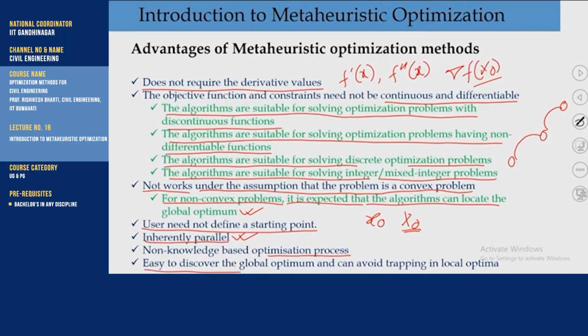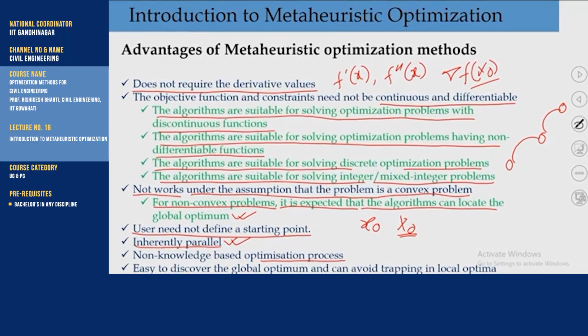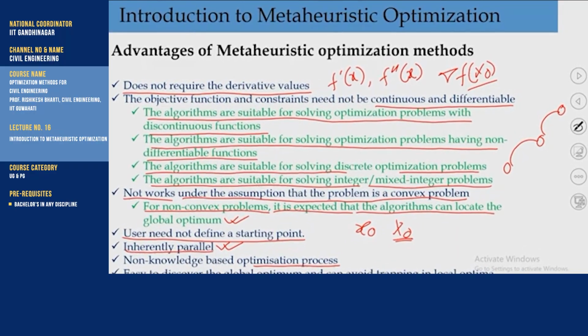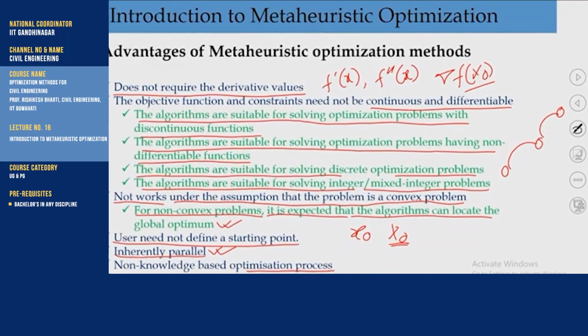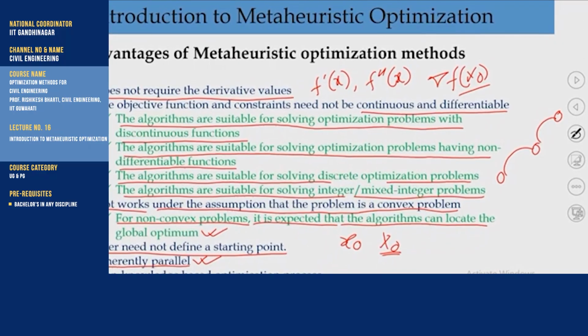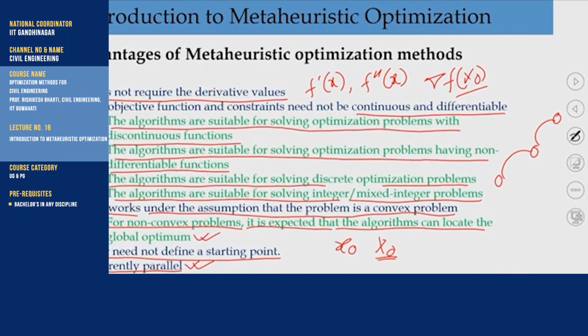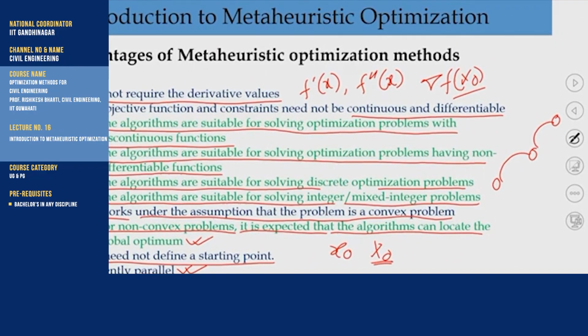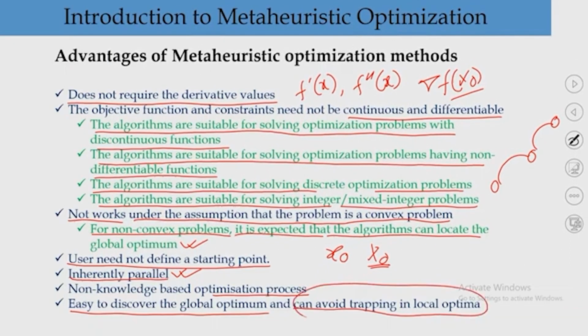It is easy to discover the global optimum. As I said, it is expected that the algorithm will give you the global optimal solution of the problem, and can avoid trapping in local optima. Suppose your function is something like this, and I would like to find the global minima.